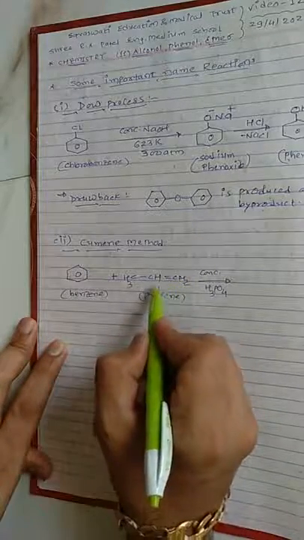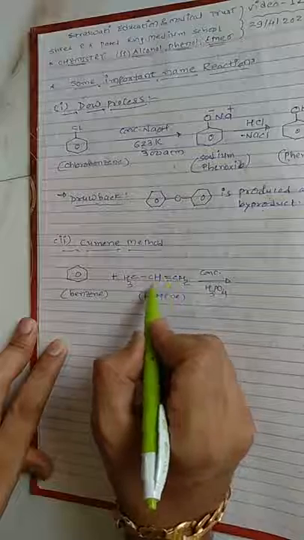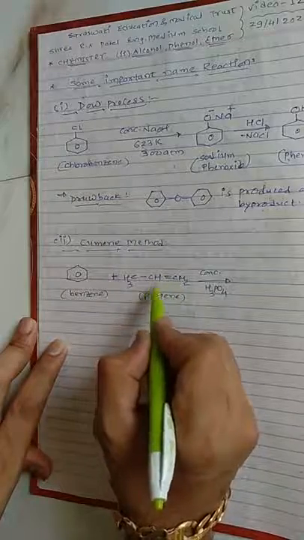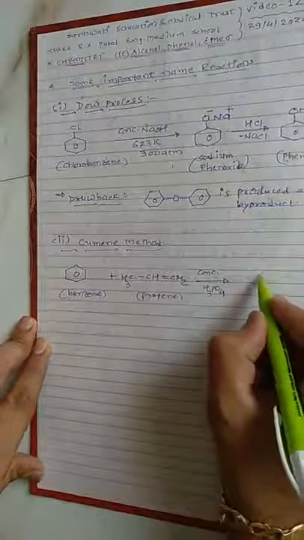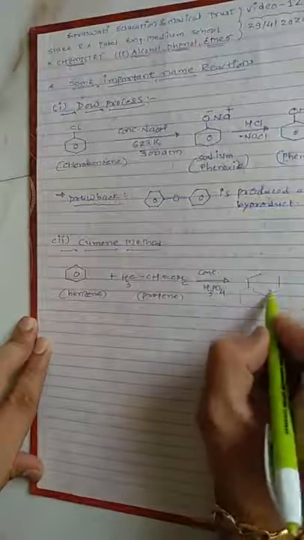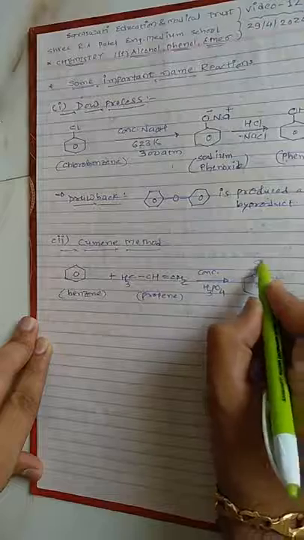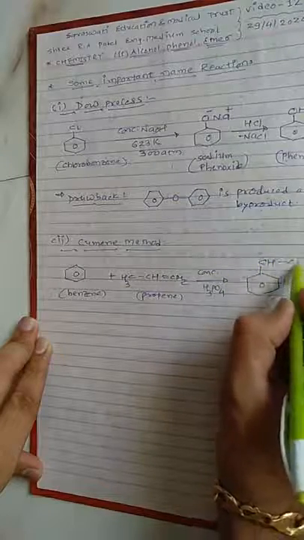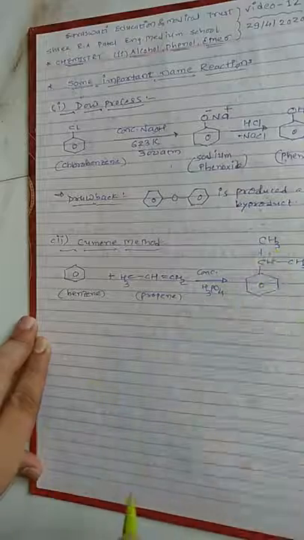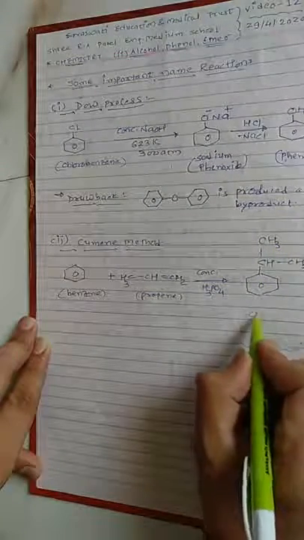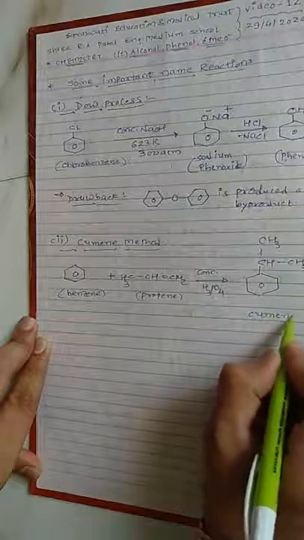Due to that there is cleavage of the pi bond, and the center carbon generates a positive charge. So we will have a compound like this: CH connected with CH3 and CH3. This compound is called cumene.